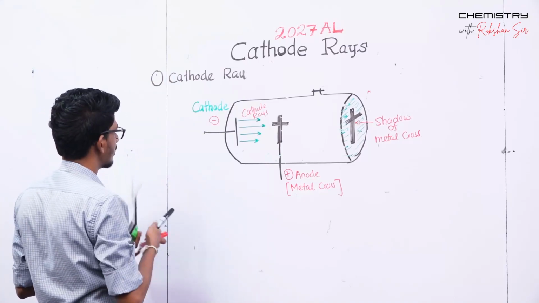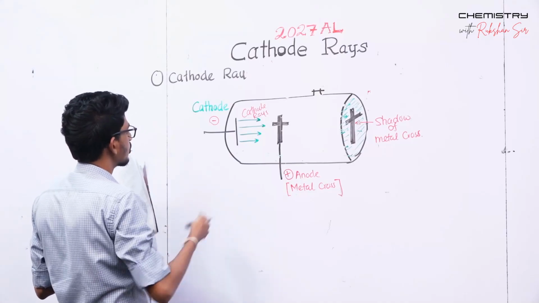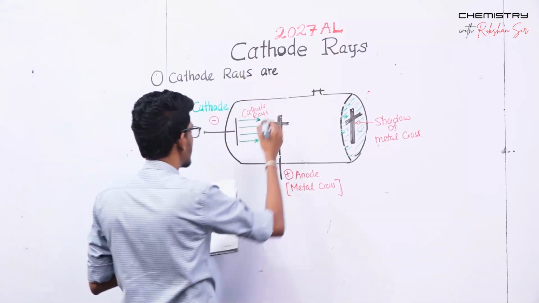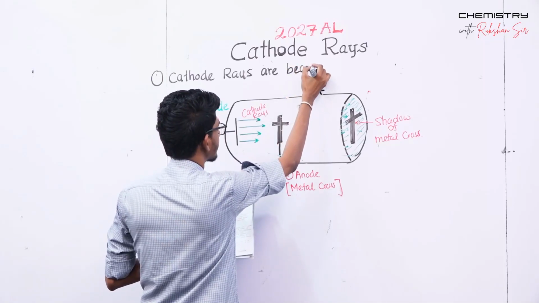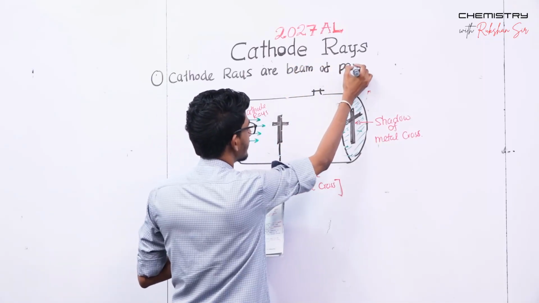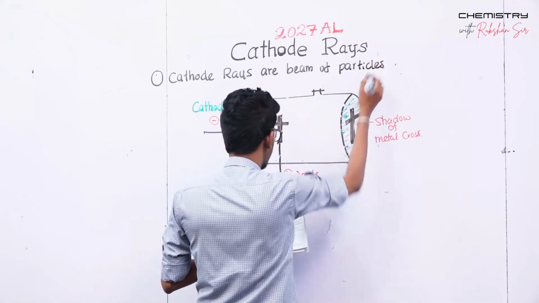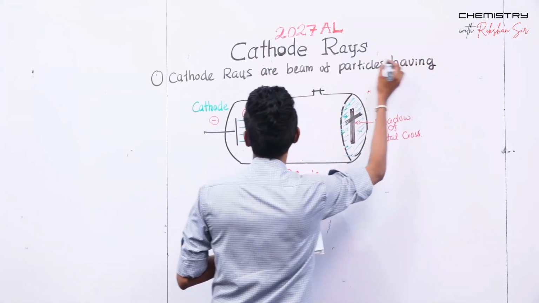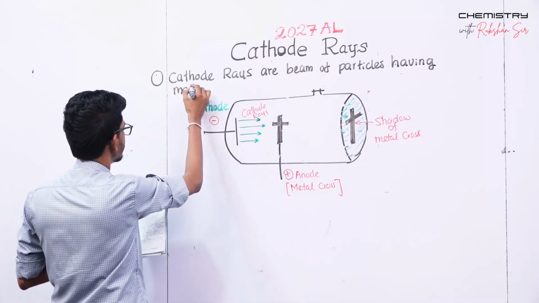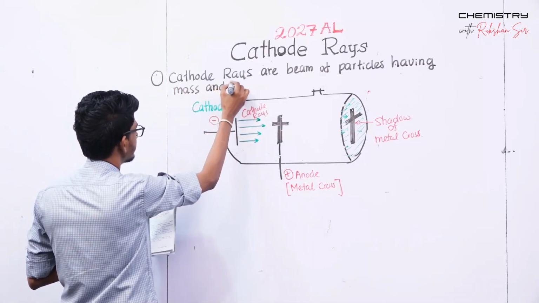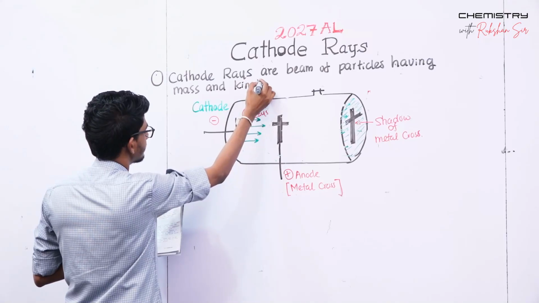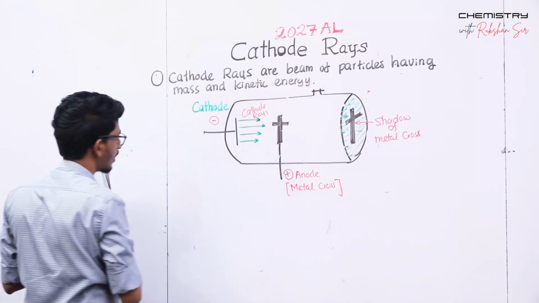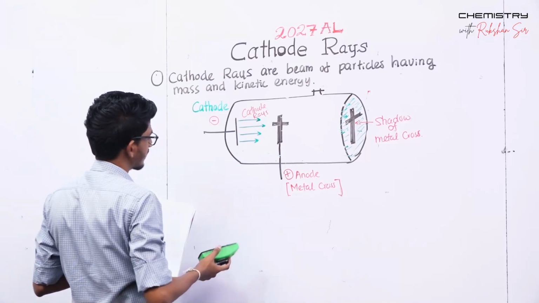Cathode rays are a beam of particles having mass and kinetic energy. This is the second property we are going to discuss here.